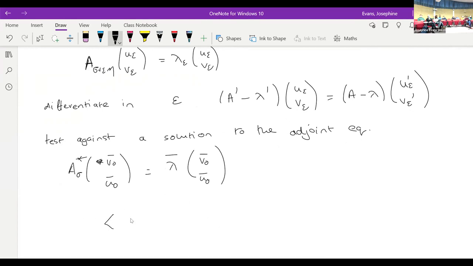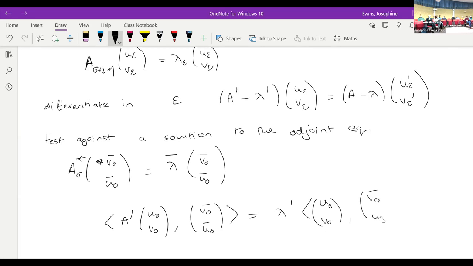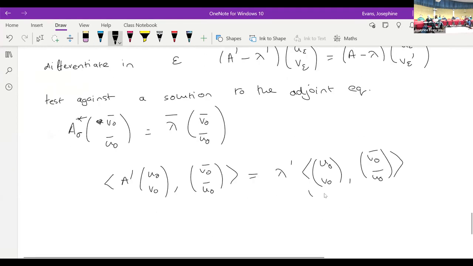So you get that A prime u naught, v naught bar, u naught bar is equal to lambda prime u naught, v naught bar, u naught bar. Okay, so you just need to check that this will be non-zero.